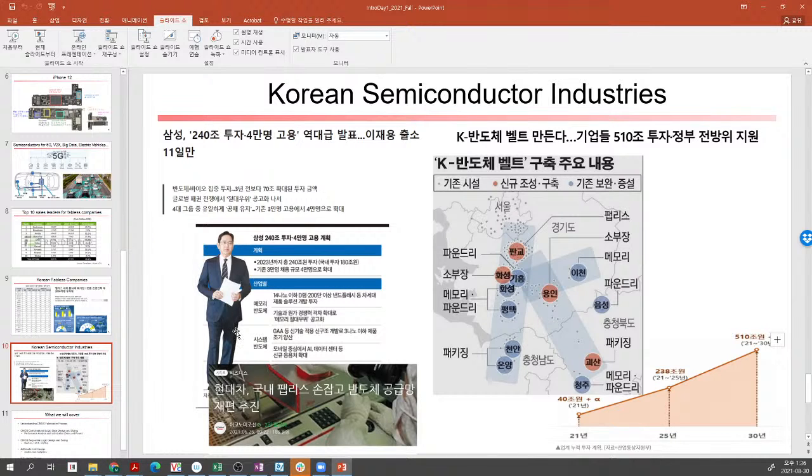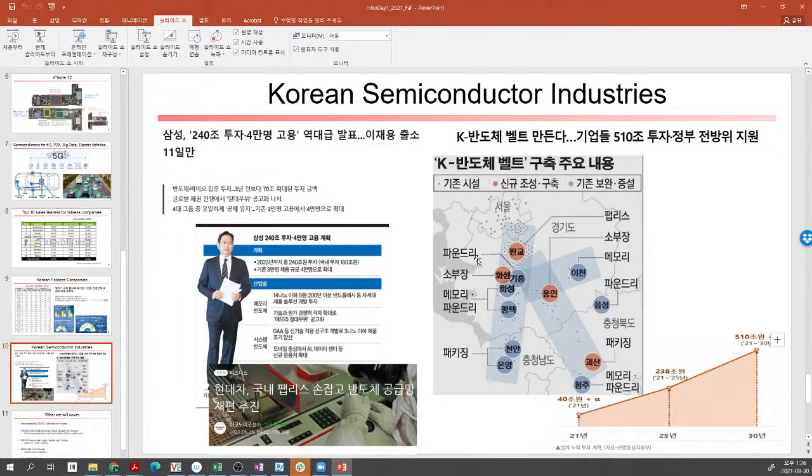they are trying to do a business other than memory. So they are trying to have a foundry business.